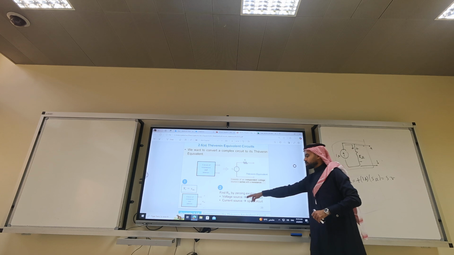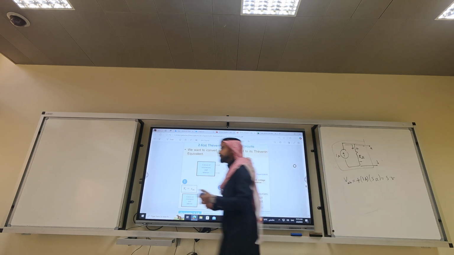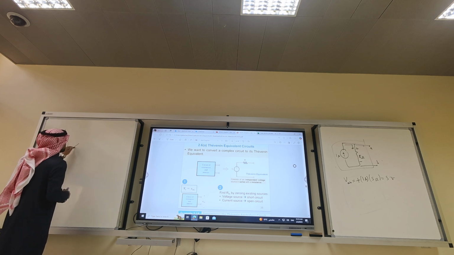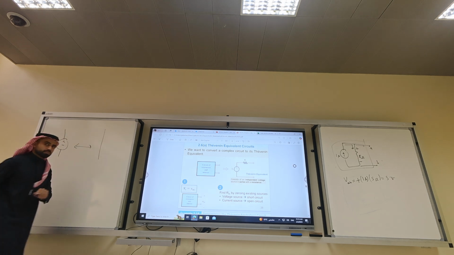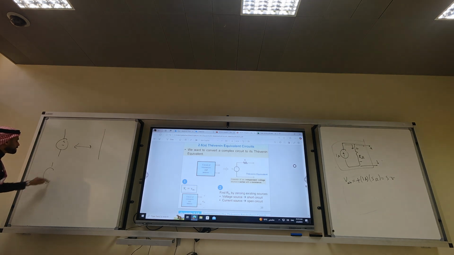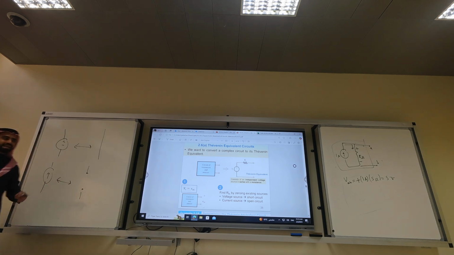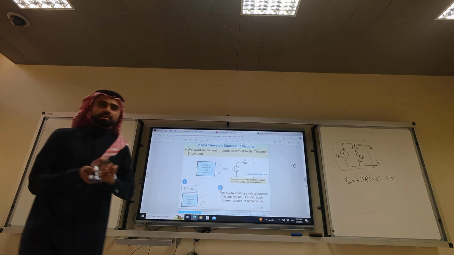If we have a voltage source, how to kill it? Replace it with a cable. How to kill a current source? Replace it with an open cable. Basically, you erase it from the board, the voltage source, you draw a line, and that's it, so that you save 2 minutes in the test.